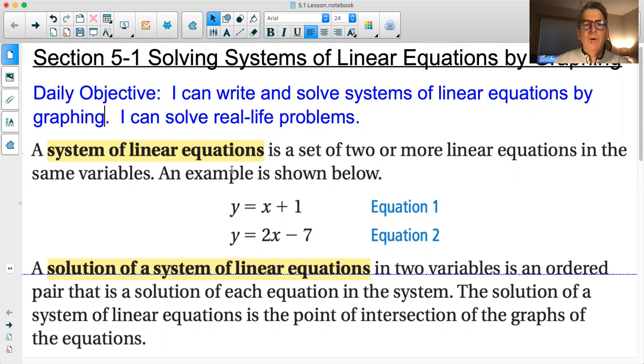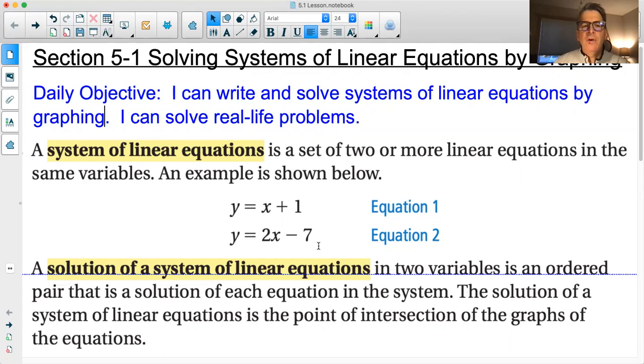Okay, so let's talk about what a system of linear equations is. A system of linear equations is a set of two or more linear equations in the same variables. An example is shown below. Y equals x plus 1, equation 1. Y equals 2x minus 7, equation 2.